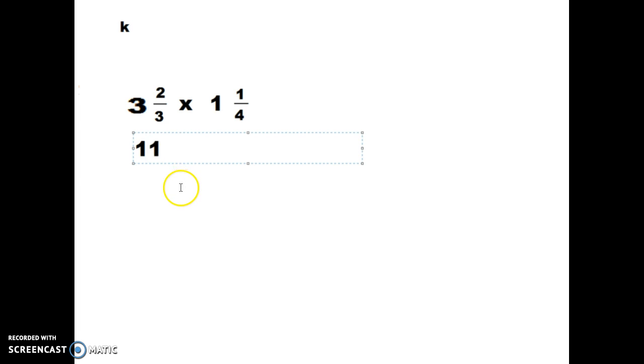Let's do one more. Hopefully you have some understanding of this. This is letter K. All right, so on K, we're going to do the same thing. We have 3 2/3 times 1 1/4. And so we're going to have to do the same thing. Turn this into an improper fraction. So 3 times 3 is 9, plus the 2 equals 11.